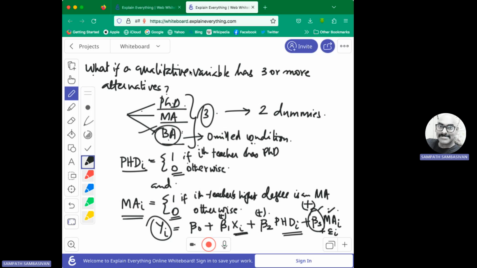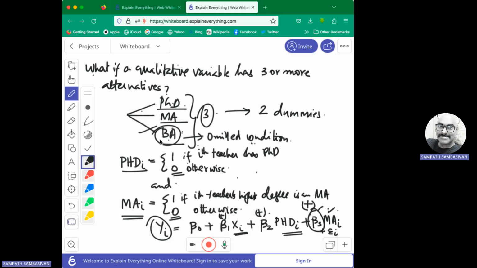So even if you have more than two possibilities, right, three or four possibilities, etc., we can incorporate it using dummy variables. If you have three possibilities, as we have discussed here, you capture that by using two dummy variables, right? And the two dummy variables can be defined in this manner.